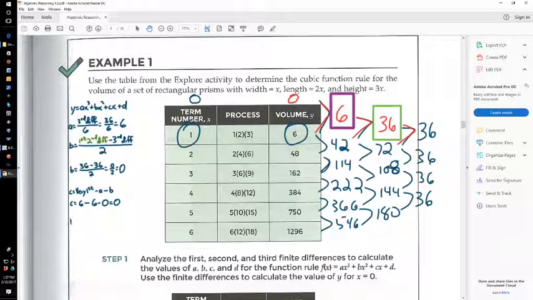And then last but not least, d is your starting point, which equals 0. Okay? So y equals 6x to the third power plus 0x squared plus 0x plus 0. So we don't need to write any of those. All we needed to write was the a. Go ahead and pause the recording and give You Try It number 1 a chance. See how you do.